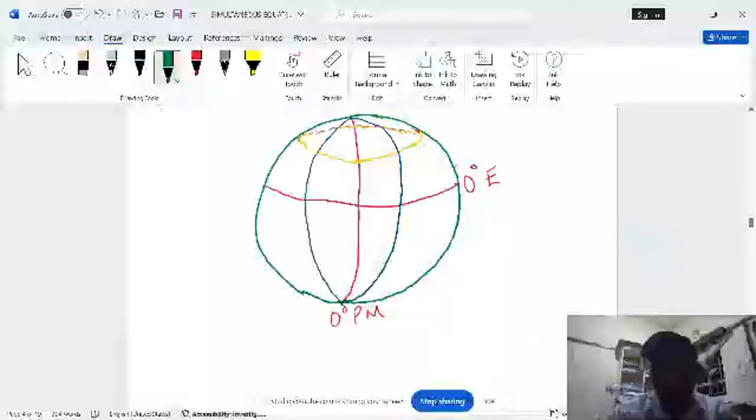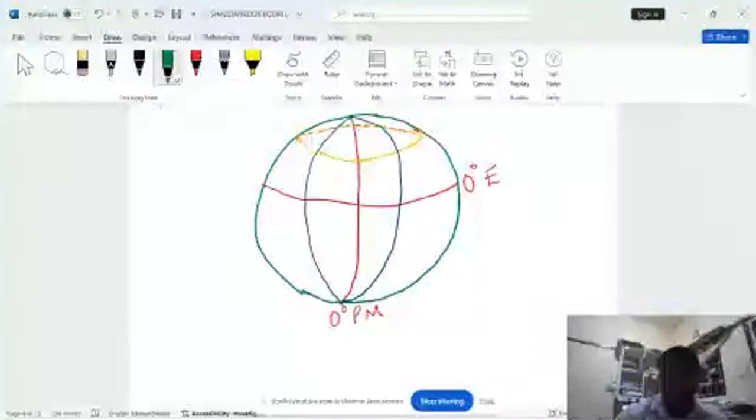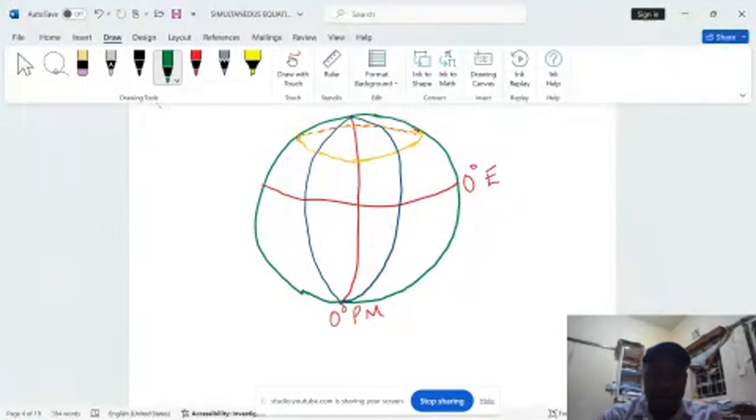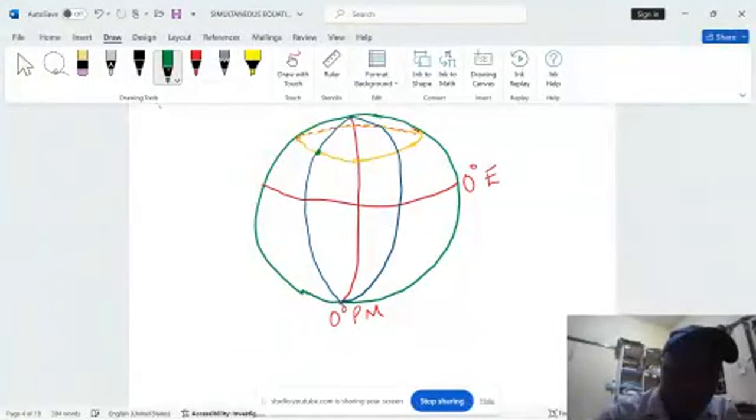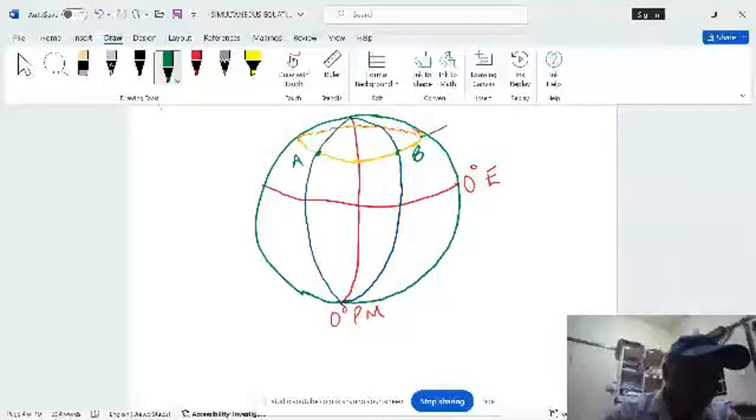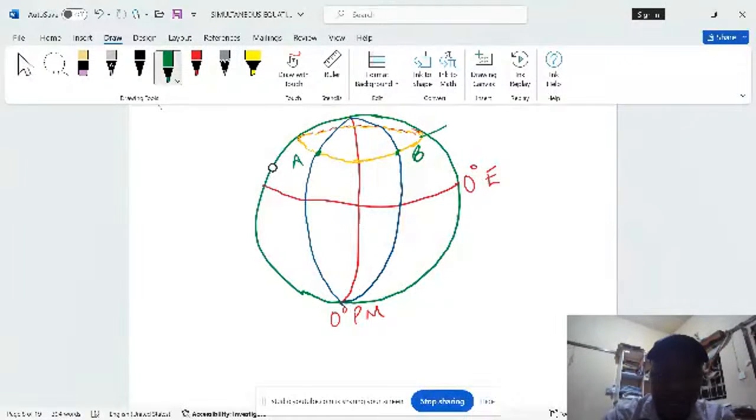Let us consider a small circle described on this diagram, say, the latitude itself. We are considering a place A and another place B, lying, let's say, from the center of the Earth.